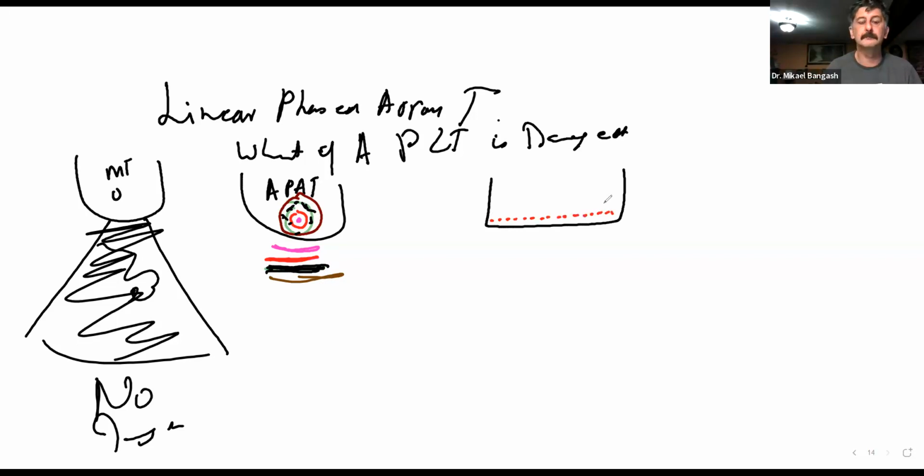Let's just say it doesn't really matter, let's just say this PCT is damaged, or the wire is broken, or that specific subunit of the electrical component here is not working, whatever.